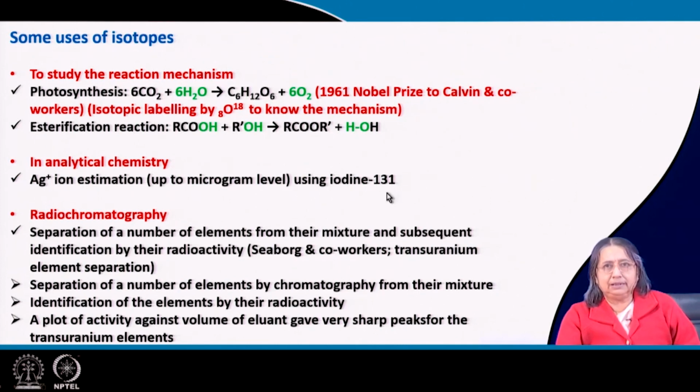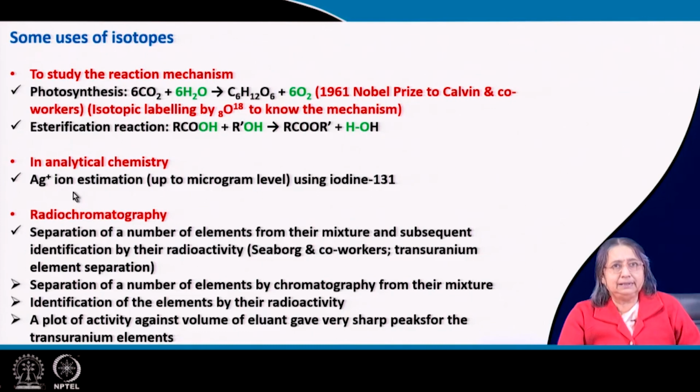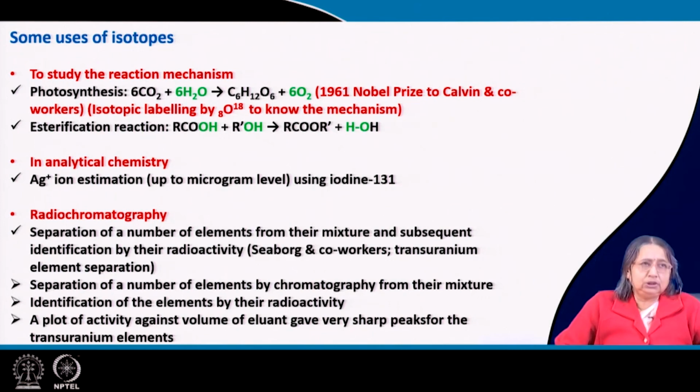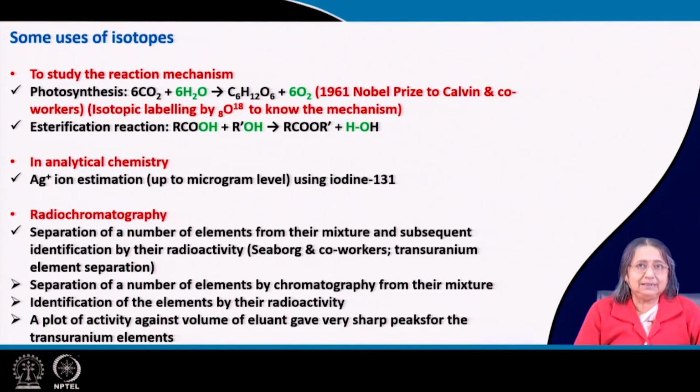Iodine 131 you can add here to form silver iodide, and that silver iodide you can take out. Of course, there you have to add some ferric ions to form the hydroxide, so that it can be trapped easily as a precipitate, and then you can estimate.